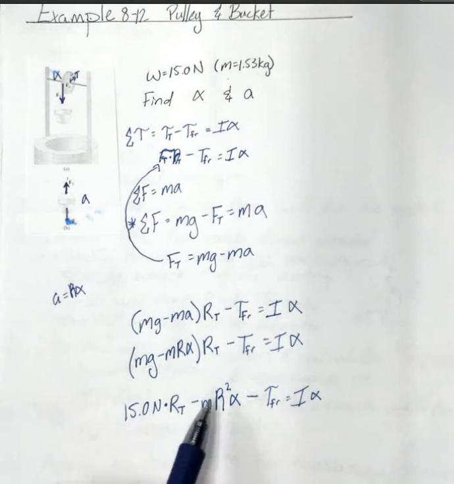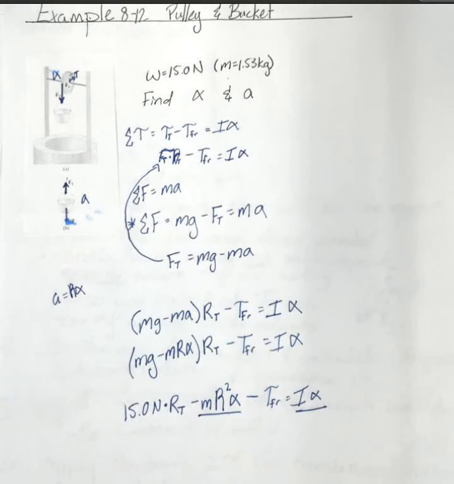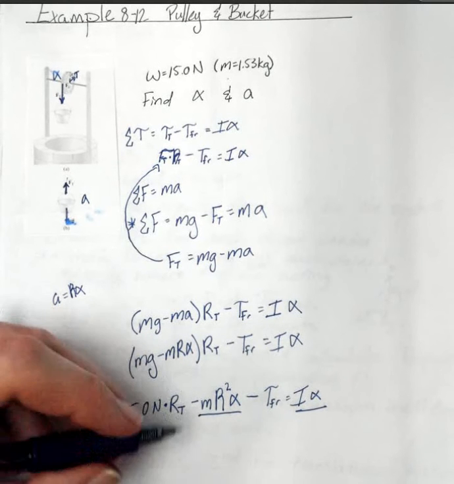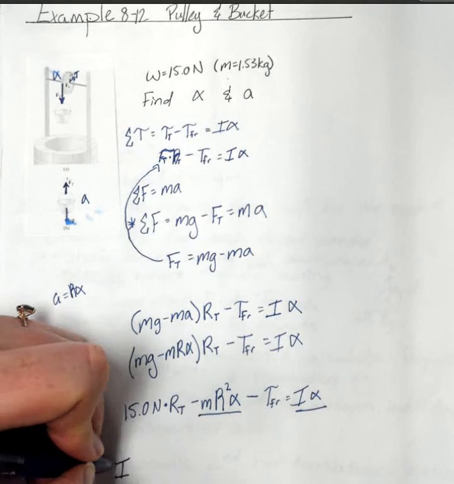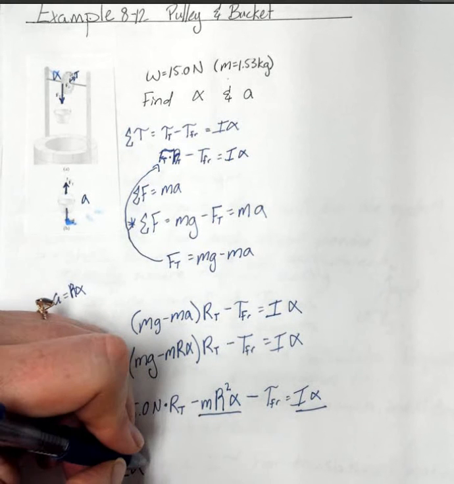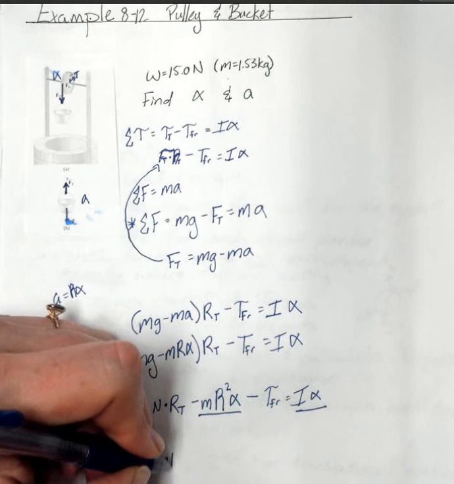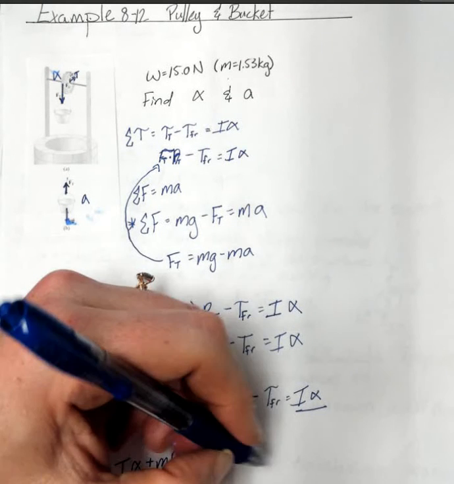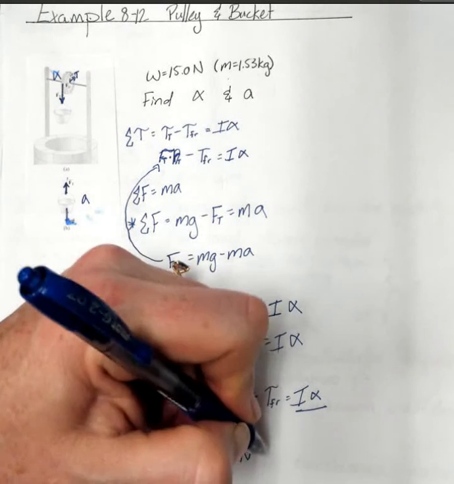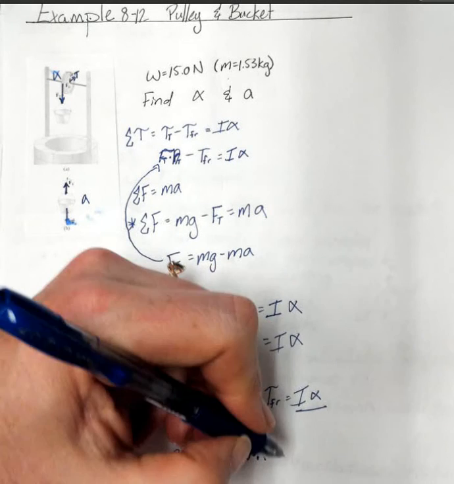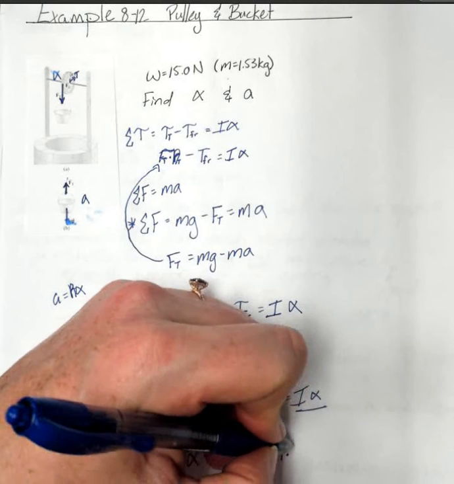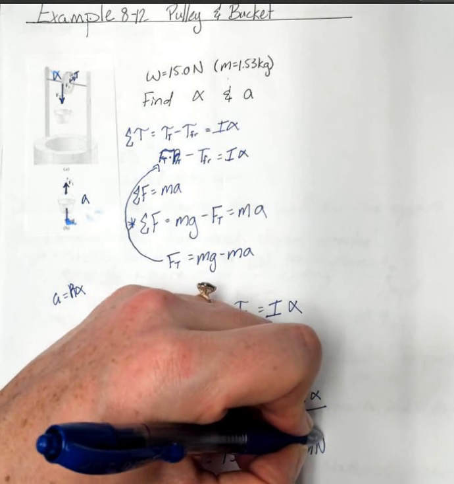I've got two terms here that have my rotational acceleration, so I'm going to rearrange the equation for that rotational acceleration, and I get the moment of inertia times alpha plus m r squared alpha equals 15 newtons times the radius minus the torque of friction, which I'm going to plug in as 1.10 meter newtons.